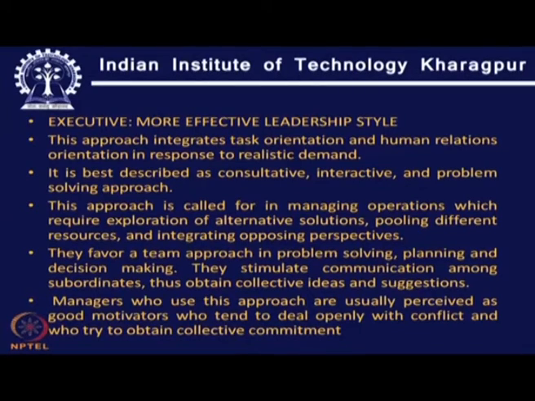So these are 8 different ways of classifying the basic style. Some names may appear to be overlapping, like autocratic and benevolent autocratic, or the developer and executive. So for a particular domain, we can take them to be plus and minus based on the effectiveness of the leadership style.